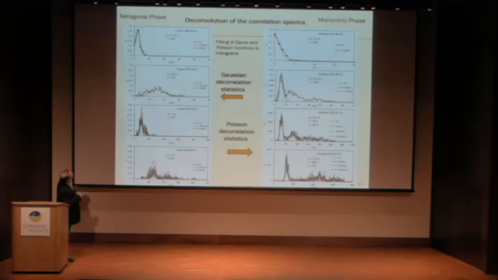These are fittings to Poisson and Gauss functions at different delta t values. And you can see that the tetragonal phase can be fitted well by a Gaussian function, but not by a Poisson function. And vice versa, in the monoclinic phase, we can apply a Poisson function.